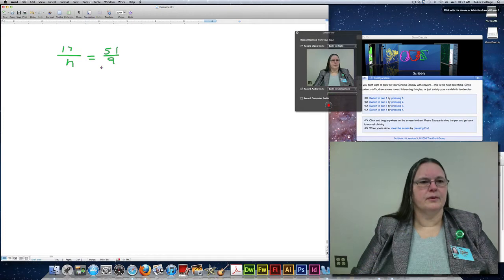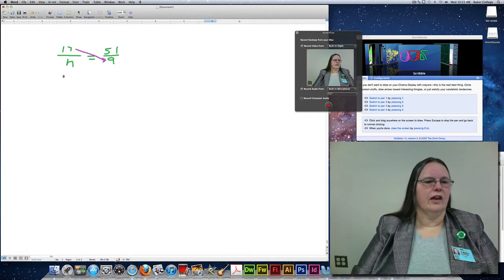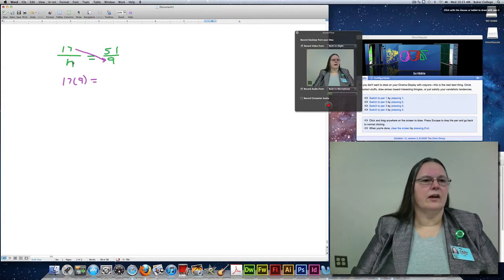First step is to compare these two numbers on this side. 17 times 9 equals, second step, 51 times n. The variable, which is n in this case, is always after the number, okay?